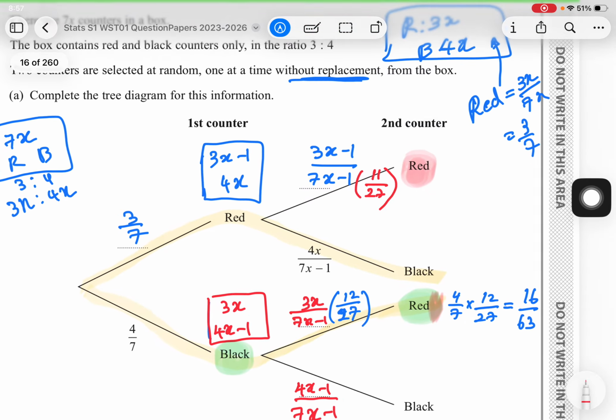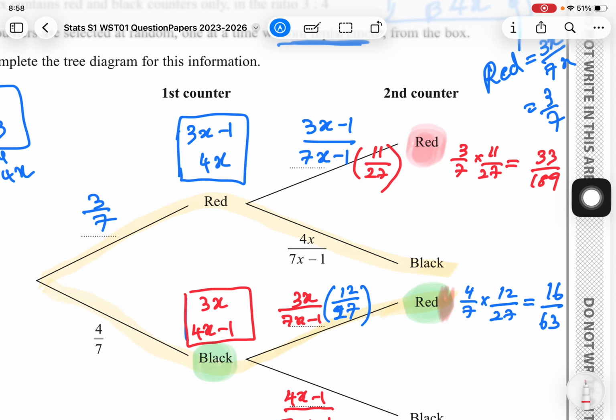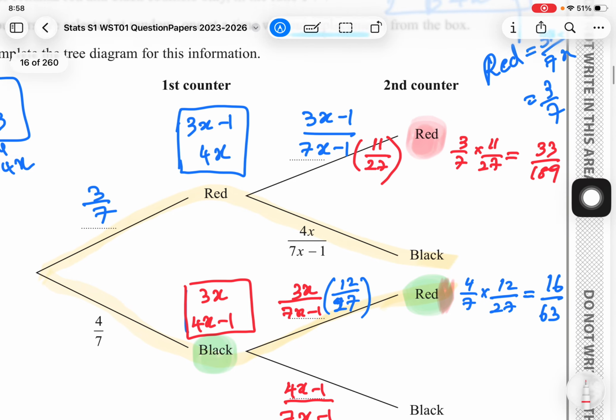So in this branch, it's 3/7 times 11/27, which will give us 33/189. That is pretty straightforward.